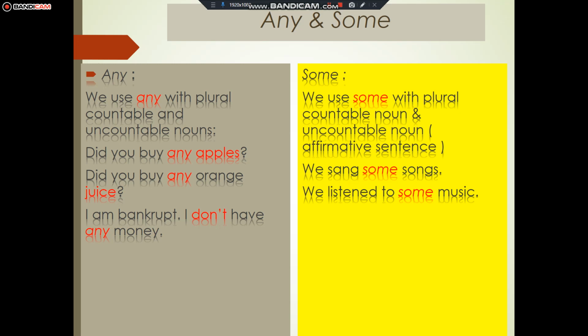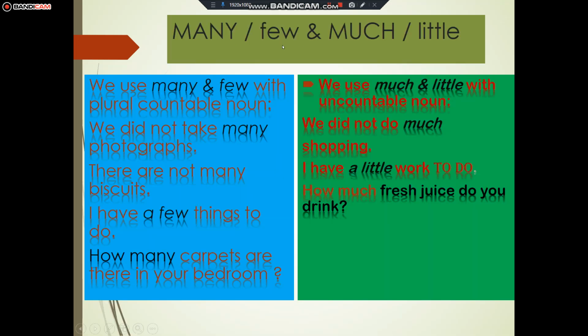Now guys, many, few, much, little. We use many and few with a plural countable noun. So what is the difference in this case? Listen to me. We use, guys, few or a few to talk about small quantities.